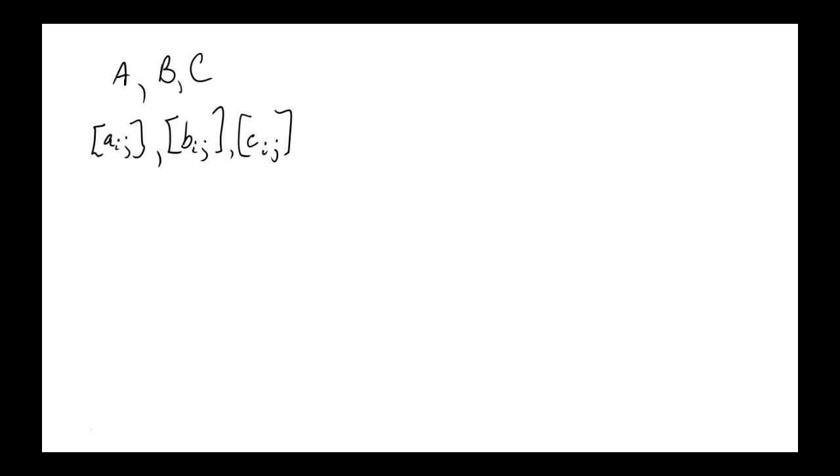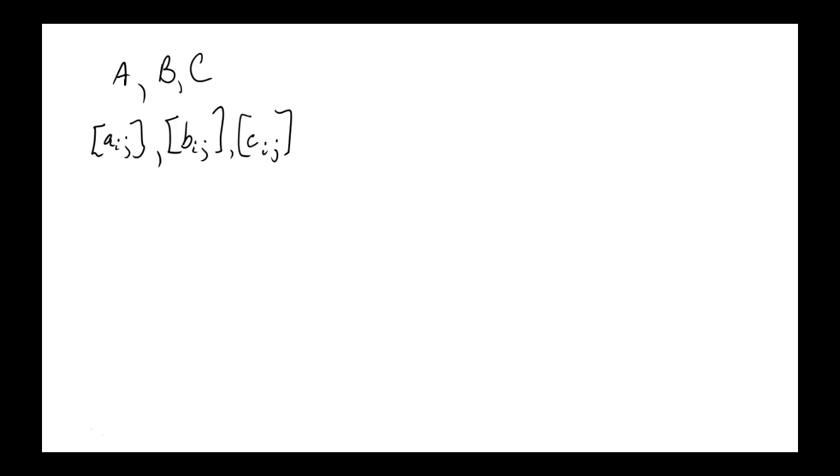So if you have an m by n matrix, i would go anywhere from 1 to m, and j would go anywhere from 1 to n. Okay? But that would be a representative element enclosed in brackets. This also describes the entire matrix. You know, these are equivalent expressions of the same three matrices here.